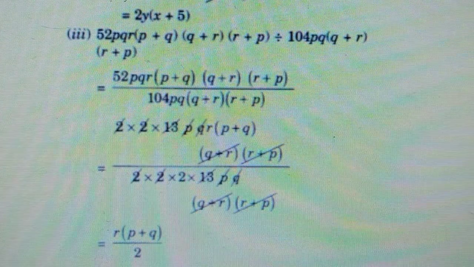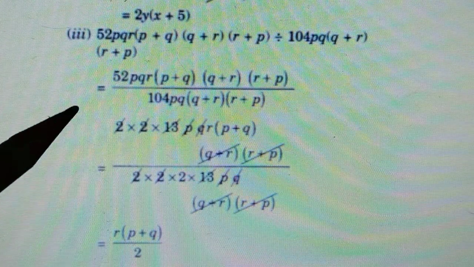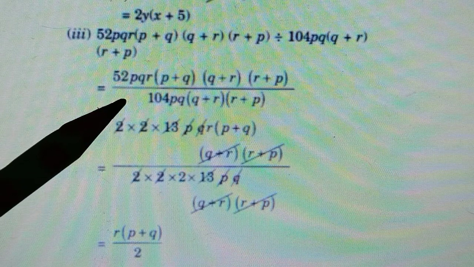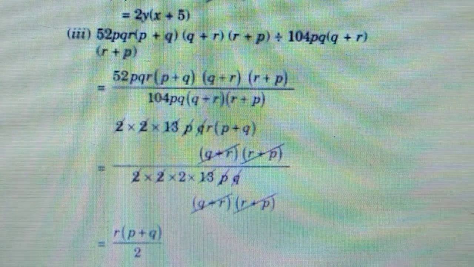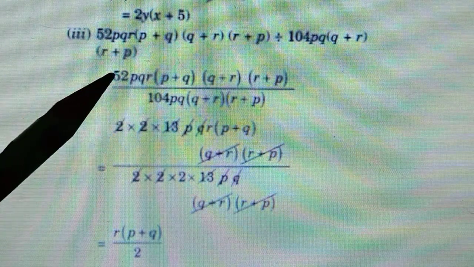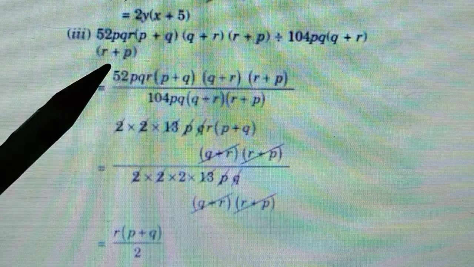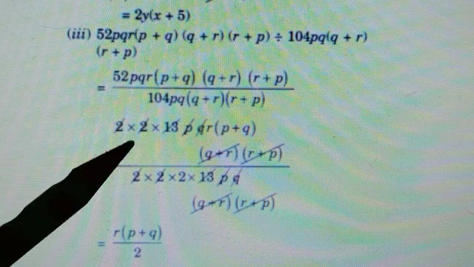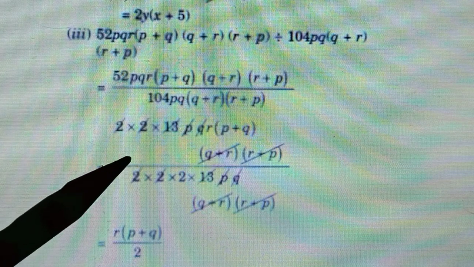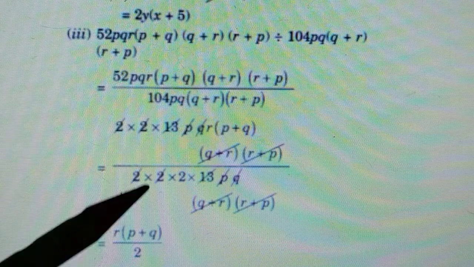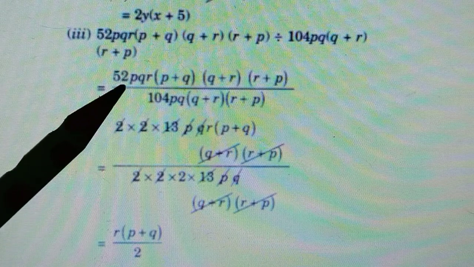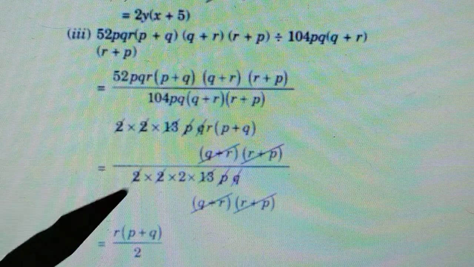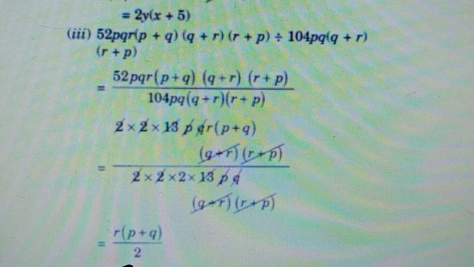From the numerical values, 52 twos are 104. So 2 twos are 4, 2 fives are 10. You can cancel it stepwise also, not necessary by 2, whichever way it strikes you. So numerical value 2 remains in denominator, and in numerator r was left and 1 (p + q) was left. So our answer would be r(p + q) upon 2.